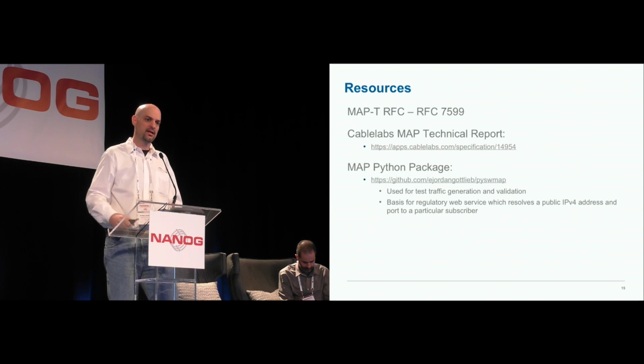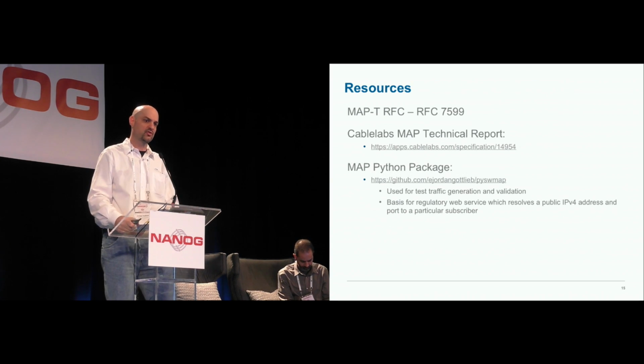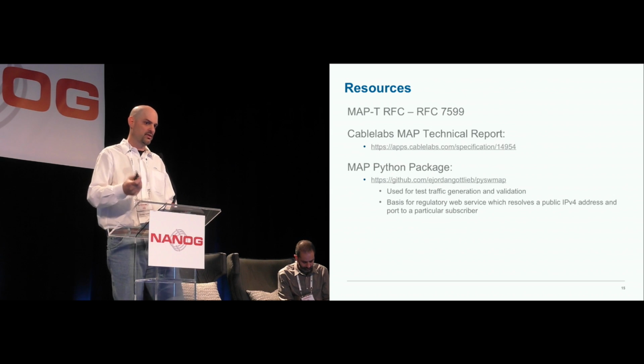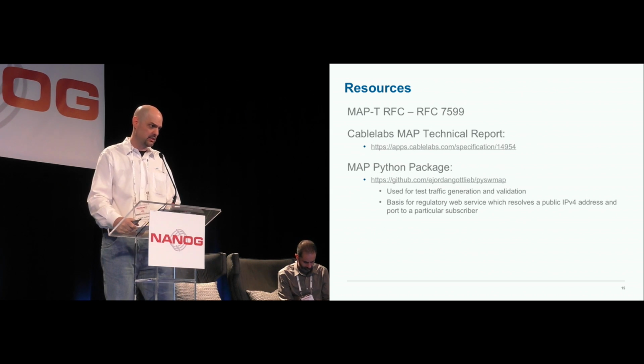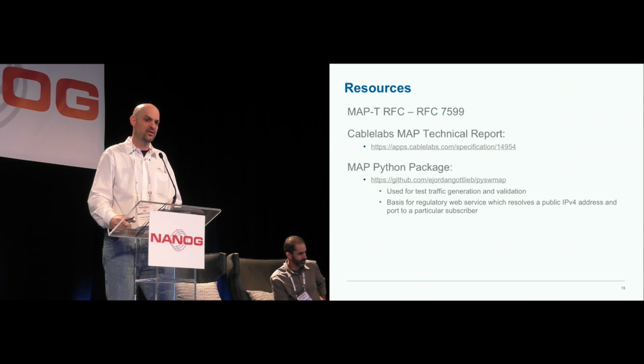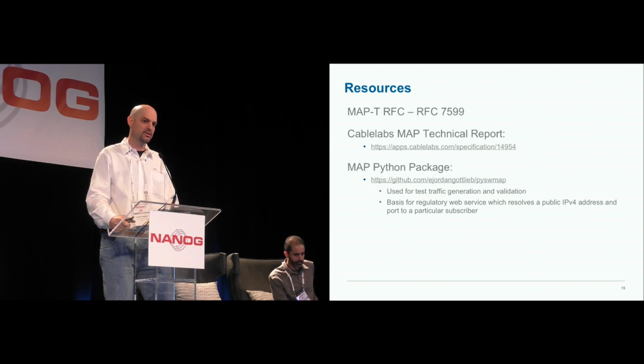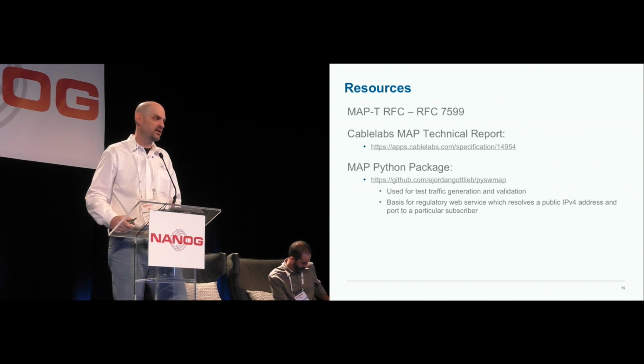I have one last slide here that shows some references that you may be interested in. There's obviously the RFC. There's a CableLabs MAP technical report, which includes a walkthrough of the algorithm that allows you to identify the port set ID from the port, and also a Python package that I created.